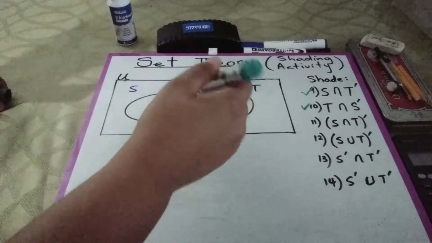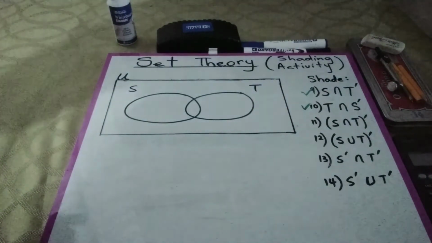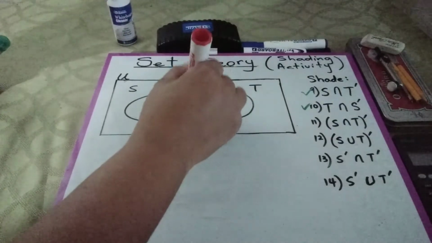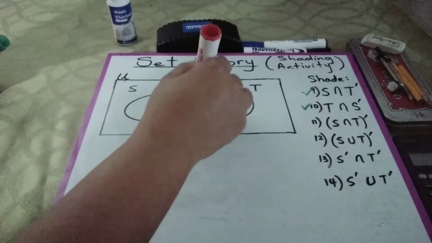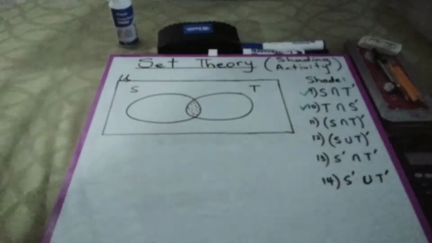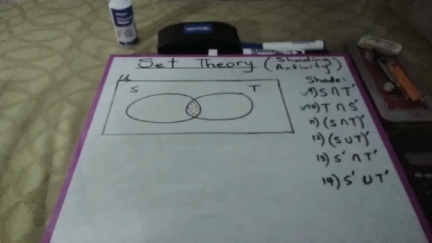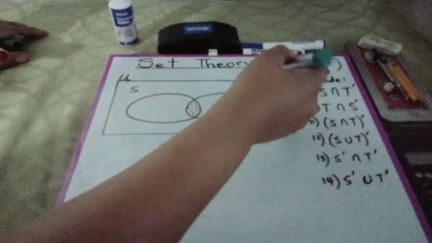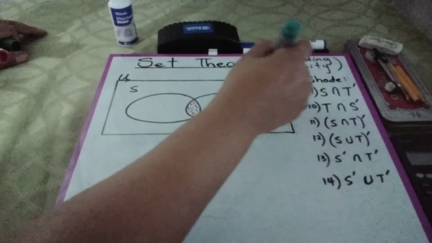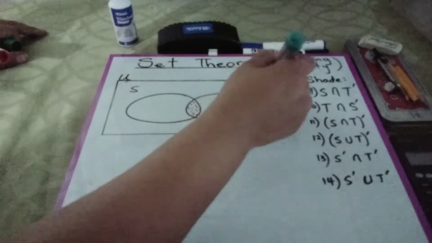Normally, we find it in this area here. This is S intersect T. Everybody knows that, eh? But now we're going to shade what is not in that section, and that would be the answer. So I'm going to shade what is not in that intersecting part.